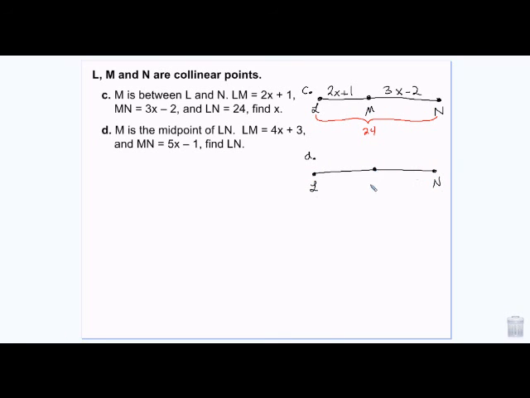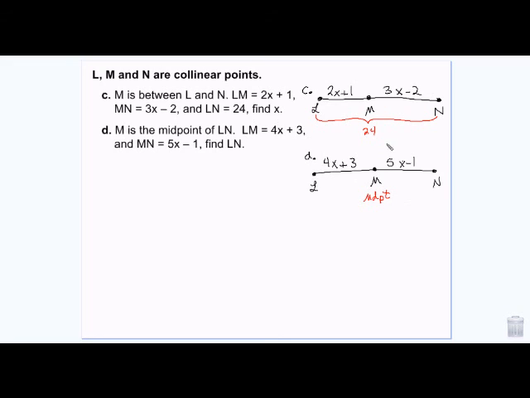But M is a midpoint. LN is 4x plus 3, and MN is 5x minus 1. And if it helps, you can label that midpoint so that you know that this length and that length are going to be the same.